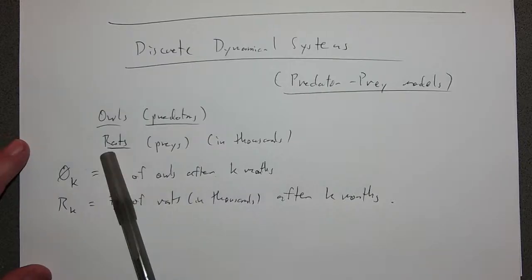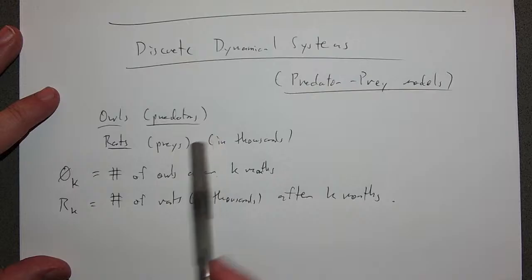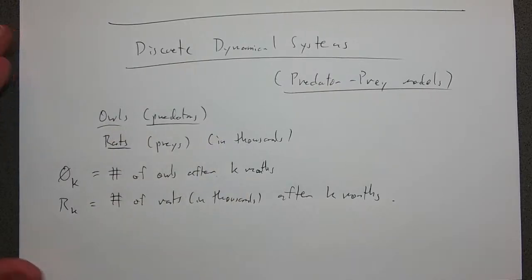So the prey are preyed upon by the predators, but if they are preyed upon, say, too much, eventually, the number of the prey could go to 0, which would have a bad impact on the predator population, since they need the prey to survive.